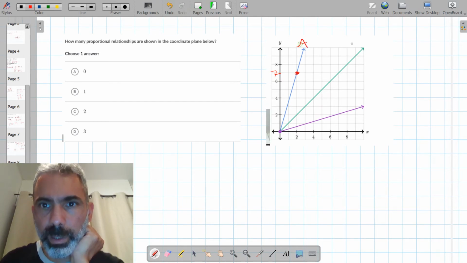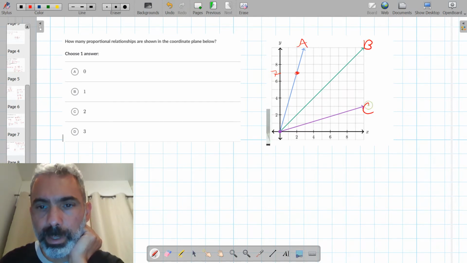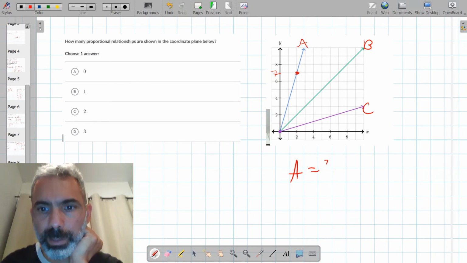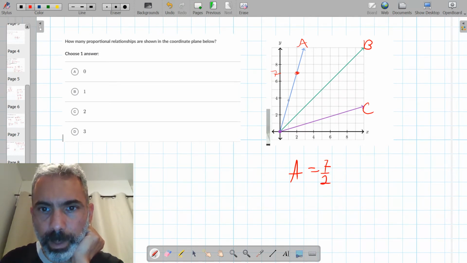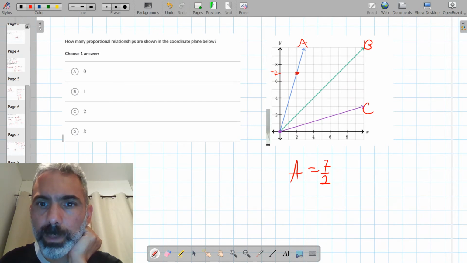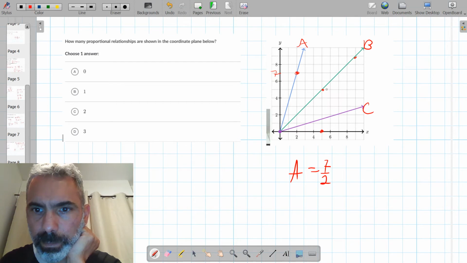Let's say this is line A, this is line B, line C. So line A is 7 over 2 in this point. And we have another point. Here we have 5 over 5, and 9 over 9.